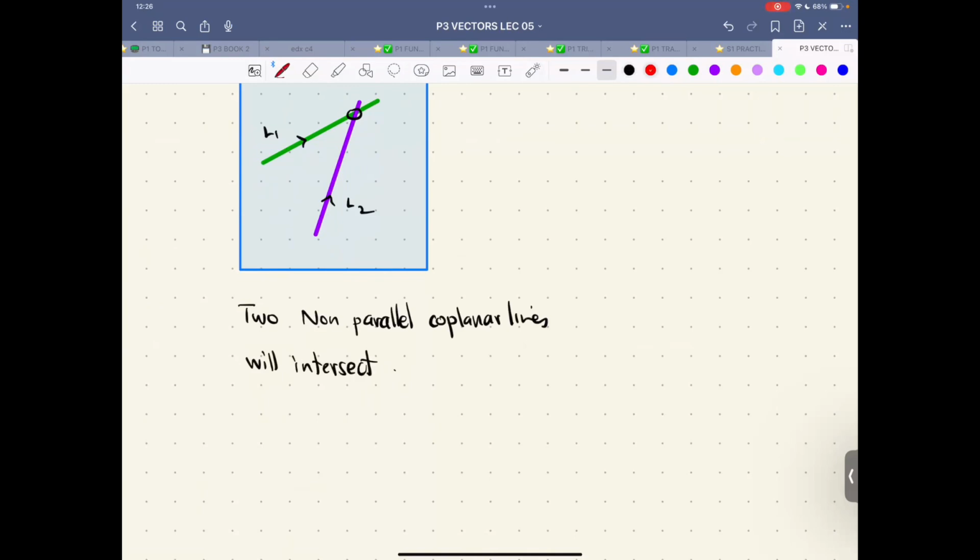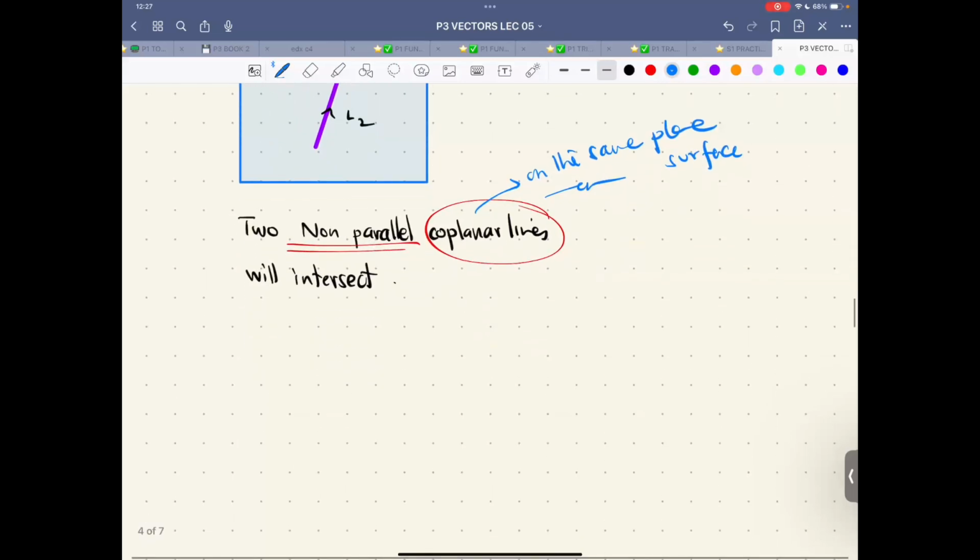Non-parallel, that is obvious. What is the meaning of the word coplanar? It means on the same plane, on the same surface. That surface could be the iPad that I'm using, the whiteboard that I use in class, or your notebook page.